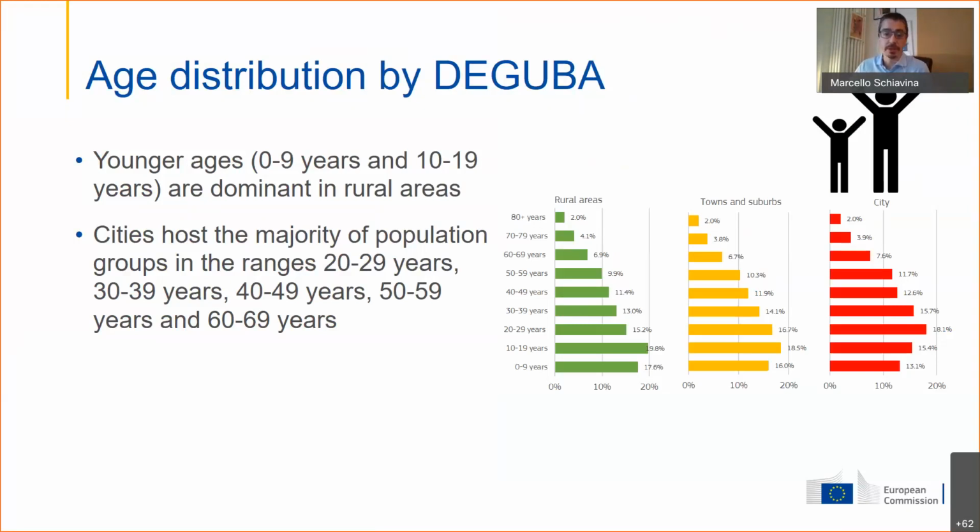Moreover, cities host the majority of population groups in the ranges 20-29, 30-39, 40-49, 50-59, and 60-69 years. These characteristics may relate to high access to opportunities offered by cities, jobs, and education, as frequently reported in literature.